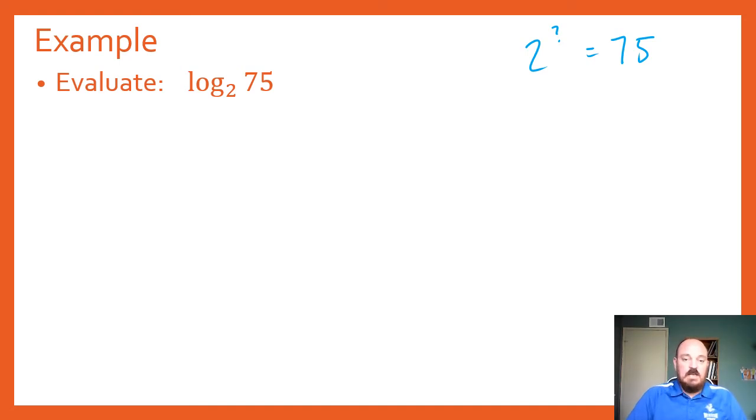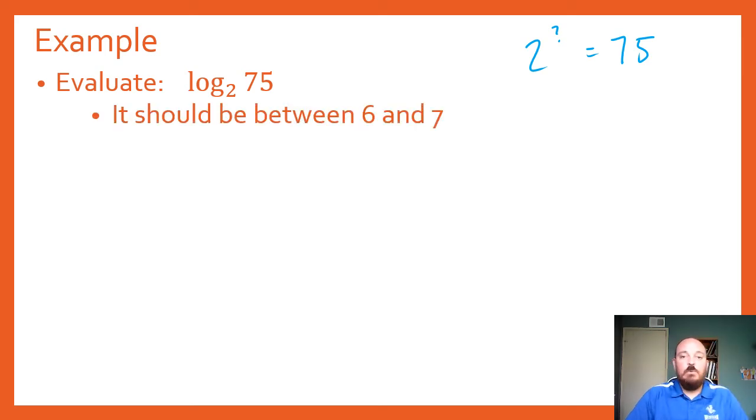The answer to that question is the log base 2 of 75, because that's what log base 2 of 75 means. And at that point, we still didn't really know what to do with it. We did know, as we talked about in day 1 of the notes, that our answer is between 6 and 7, because 2 to the 6th power is 64, and 2 to the 7th power is 128, and 75 is somewhere in the middle there.